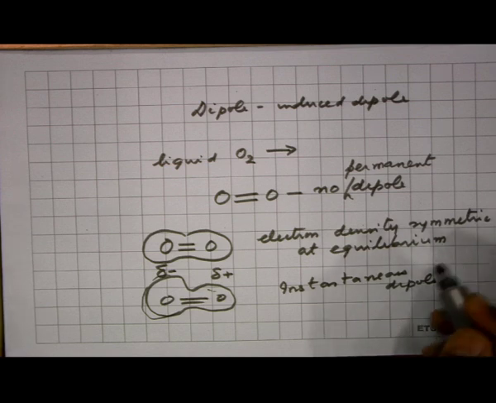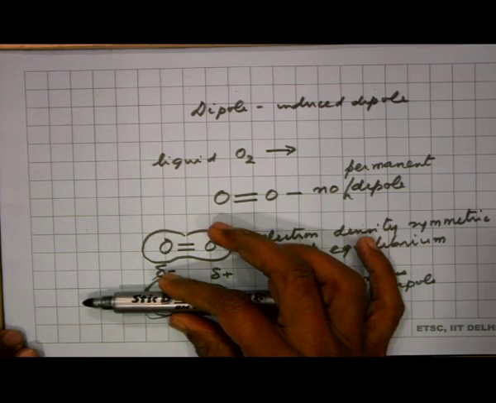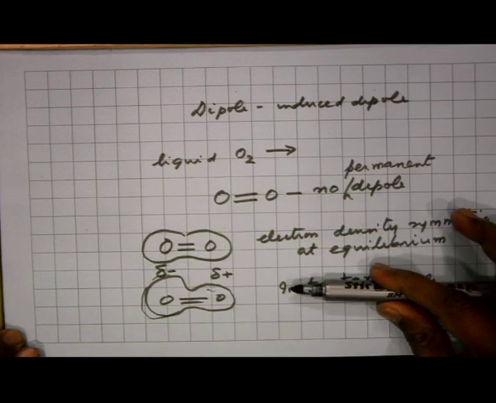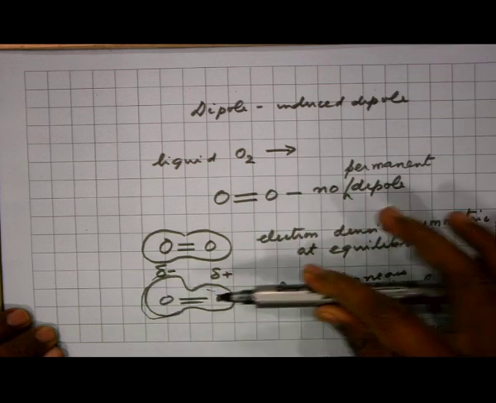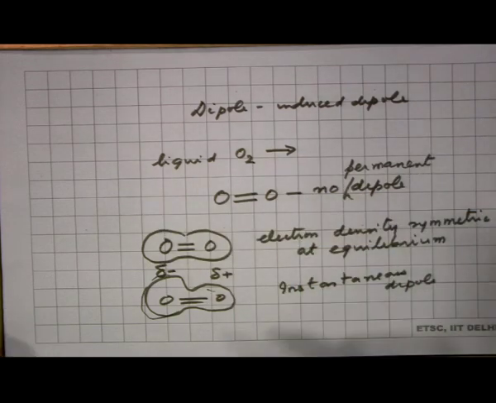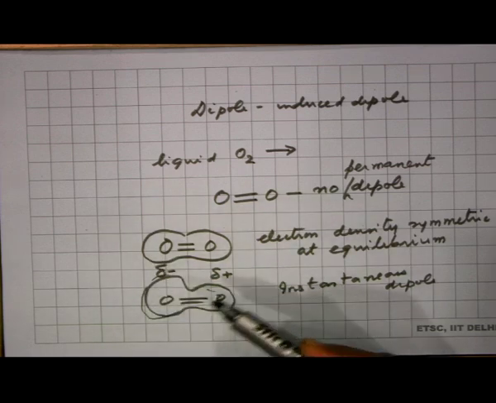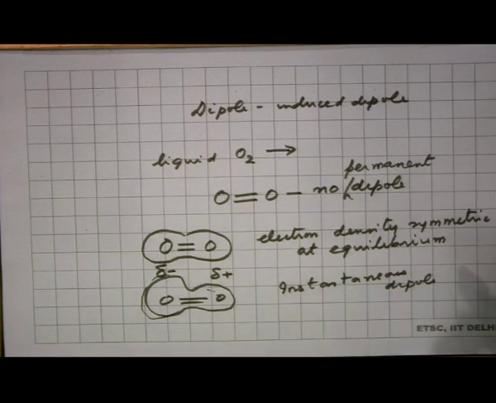And now, once I have this dipole that is there instantaneously, this could then induce a dipole on its neighbor. And we already said that the induced dipole on this neighbor is proportional to the polarizability. So, effectively the polarizability, which in turn depends upon the size of the molecule and its molar mass, shows that all intermolecular interactions will scale with the molar mass.